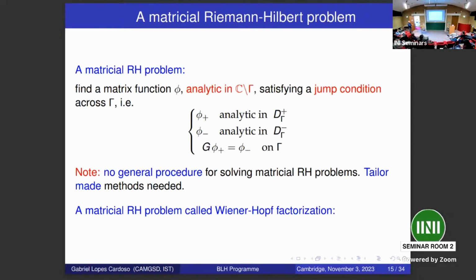And on the curve, you demand that you take phi plus defined in the interior, phi minus defined in the exterior, and you look at their limiting values as you approach the curve in a non-tangential manner. Let's denote these limiting values again by phi minus and phi plus. Then you want these values to be related by a jump condition specified here by this matrix G.